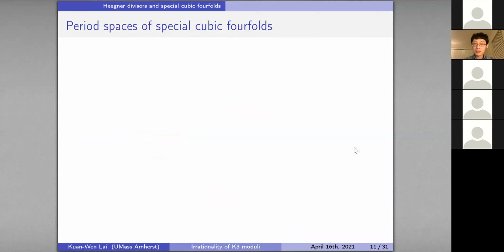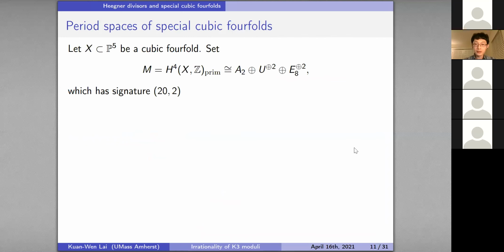Now let's return to the case of special cubic fourfolds. First of all, let me review the periods of cubic fourfolds because I need the notation. Let X again be a cubic fourfold, and consider M to be the primitive lattice in the middle cohomology. It is the orthogonal complement of h squared, and it is abstractly isomorphic to A_2 summed with 2 copies of the hyperbolic lattice, summed with 2 copies of the E_8 lattice.